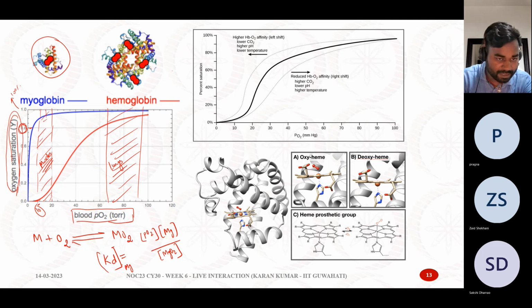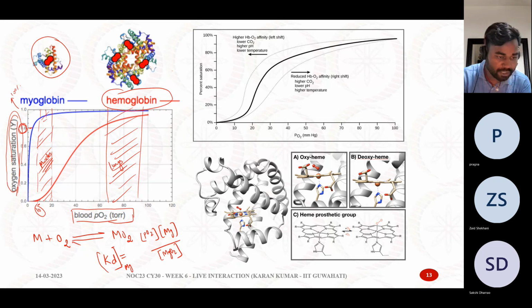It will be in the free state. However, when the oxygen concentration is very high, which is in the lungs, all four sites of hemoglobin will be occupied, meaning the hemoglobin will be totally saturated.